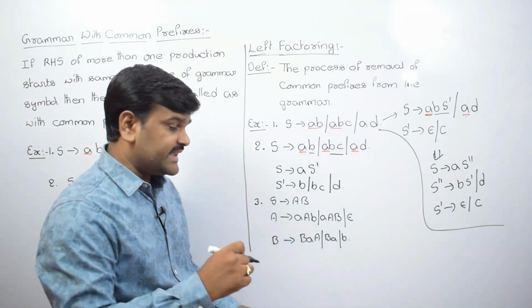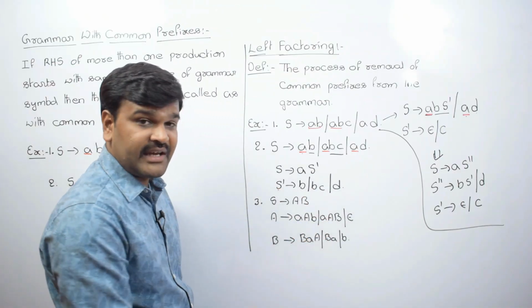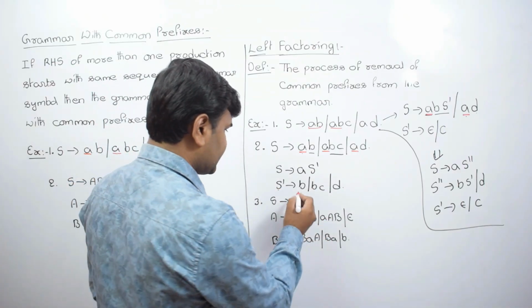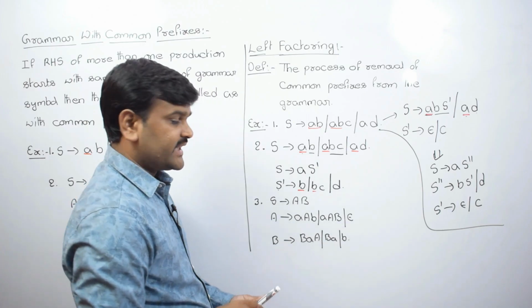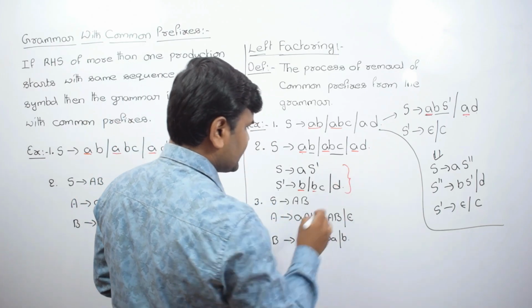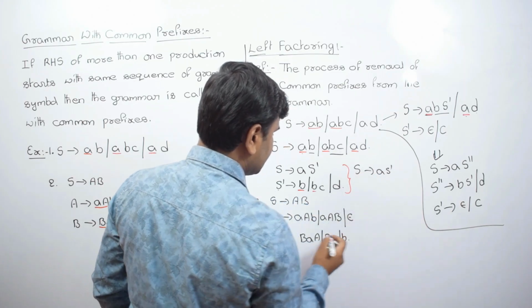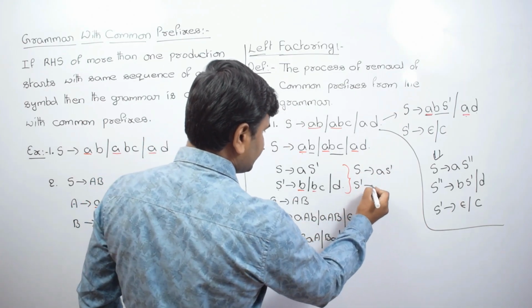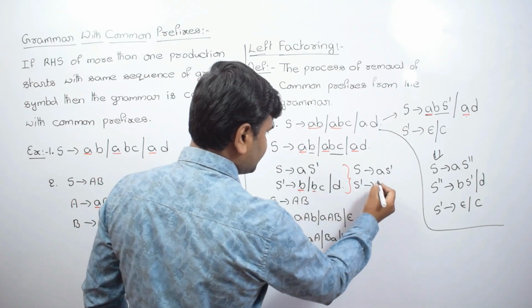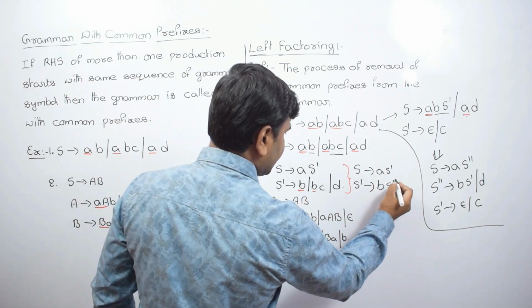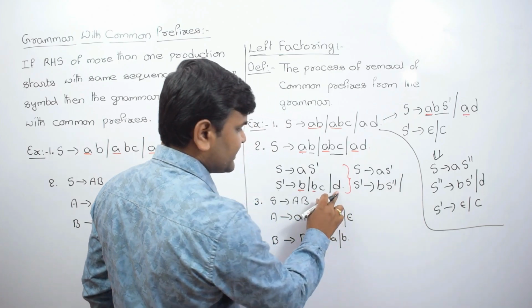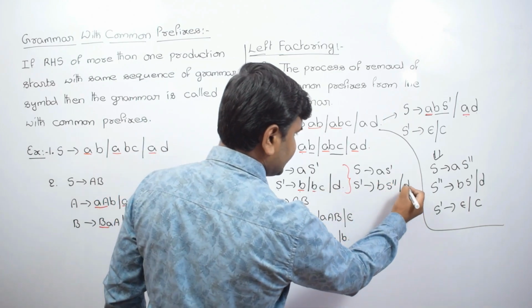But if you observe, this S dash again has a common prefix, that is b, b. So again we have to convert this. The first one is S derives a S dash. Now for S dash, the common prefix is b S double dash, and the non-common prefix production d we write as it is.